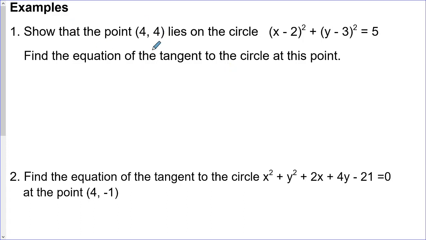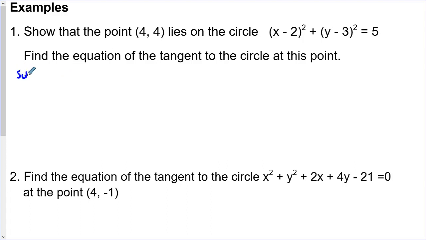First example, show that this point lies on the circle, and then find the equation of the tangent at this point. So first of all, showing a coordinate lies on a circle or a line or anything like that, it's just a case of substituting them in and showing that it satisfies the equation of the line or the circle.